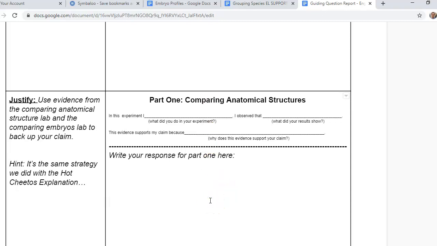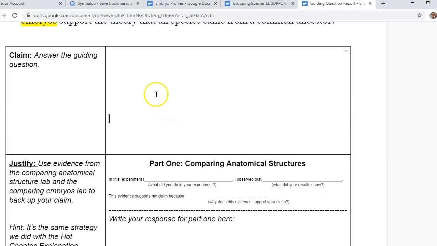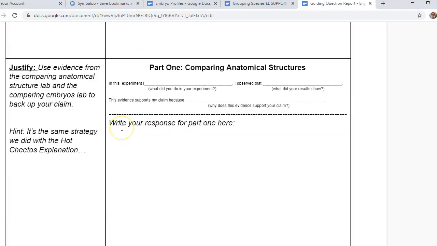And the way you could say that is like, okay, if species have common bone structures, then that must mean we may have come from a common ancestor a long time ago, because I noticed those similarities. You just have to apply that and explain why. Why does the evidence that you did on Tuesday in your lab support your answer to your guiding question?